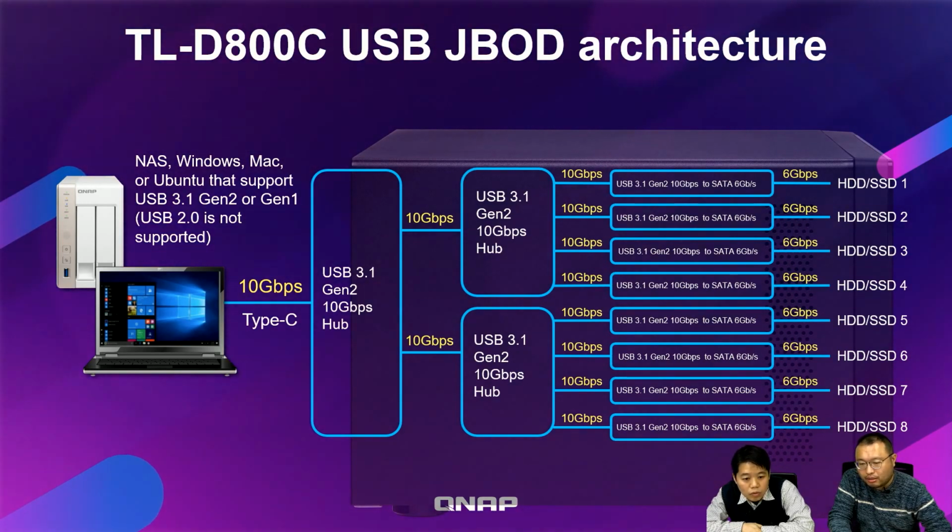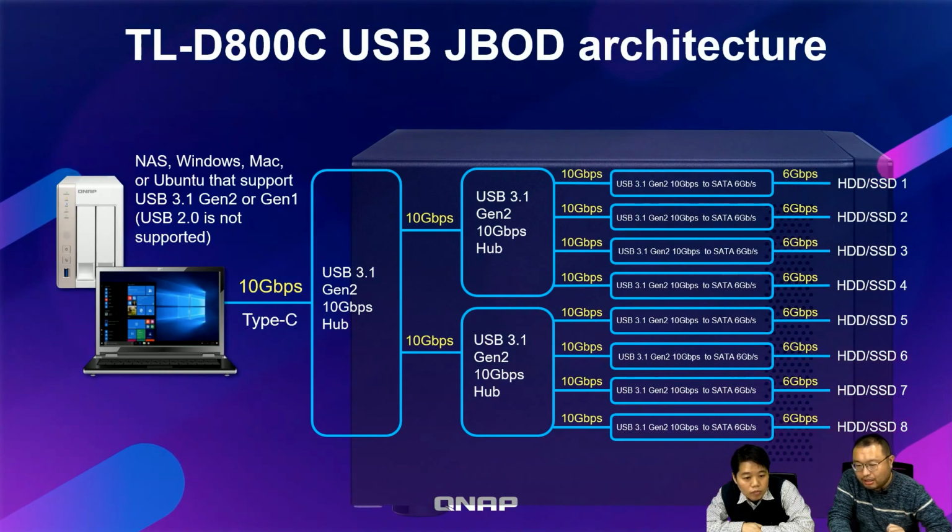With the USB Type-C, it can support a USB 3.1 Gen 2 or Gen 1 host. Just keep in mind that if you have a computer with only a USB 2.0 port, it will not be supported. The minimum requirement is USB 3.0 or higher.